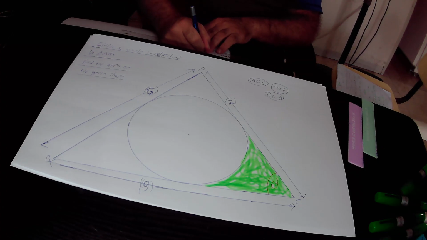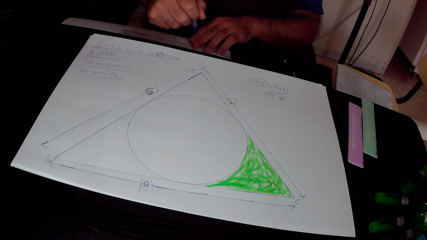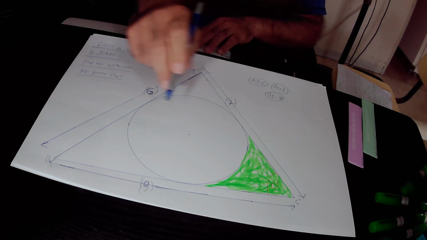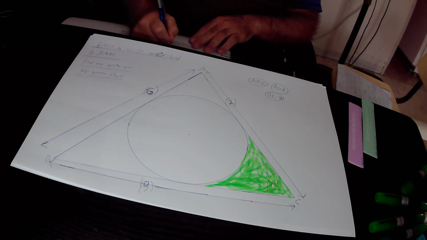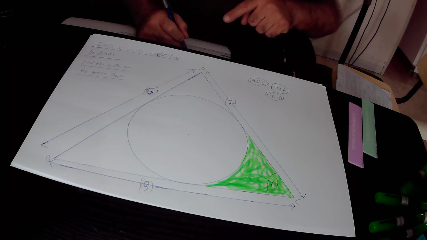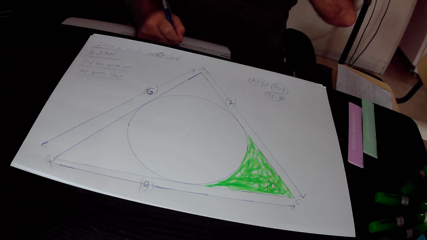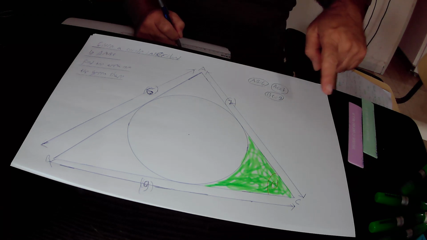Cosine theta equals AC square plus CB square minus AB square over 2 times AC times CB.